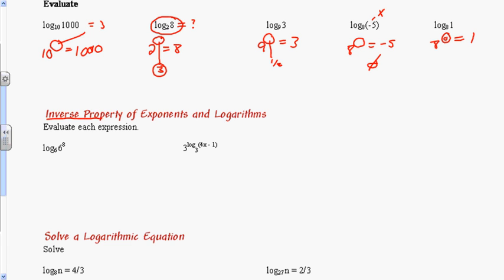Now, inverses are what cancels things out. If you remember, division is the inverse of multiplication, and so on. So, if we rewrite this one from logarithmic to exponential, okay, they say it's equal to something. We don't know what it's equal to. So we'd say 6 to what power gives you 6 to the 8th.